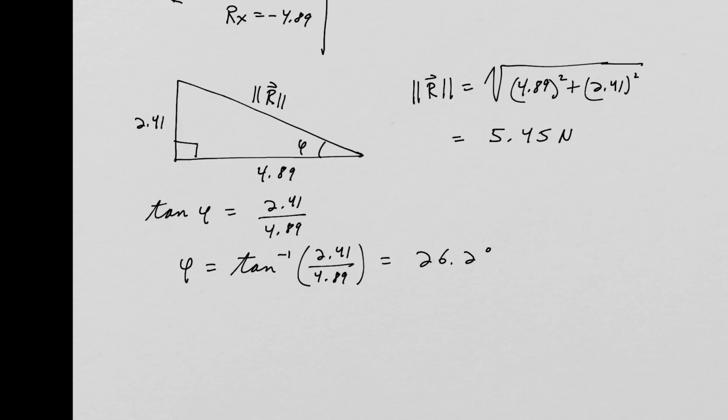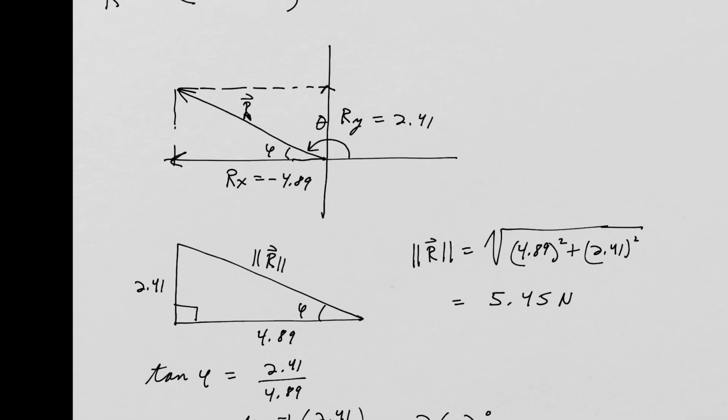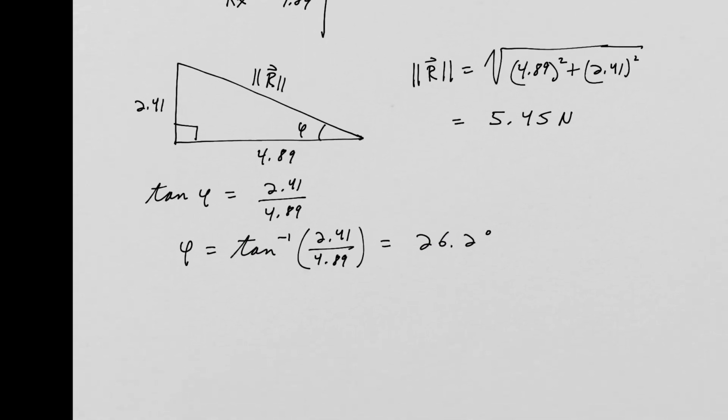Again, you could stop there and say that R was 5.45 newtons at 26.2 degrees north of west, and that would be enough information. But now if we really want to find theta here, then we have to subtract that phi from 180. So 180 minus 26.2, and that's going to be 153.8 degrees.